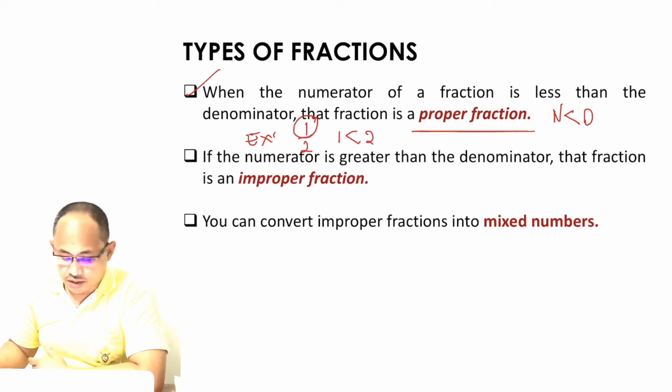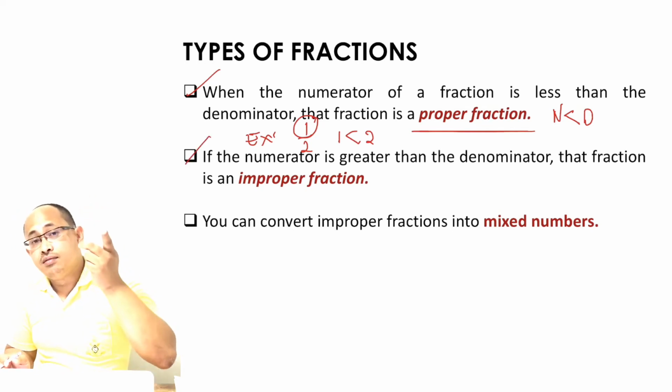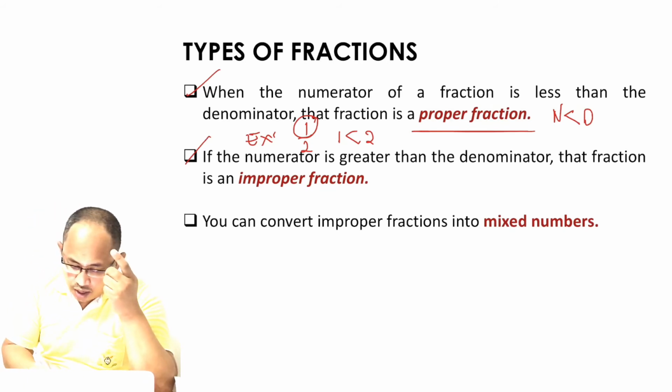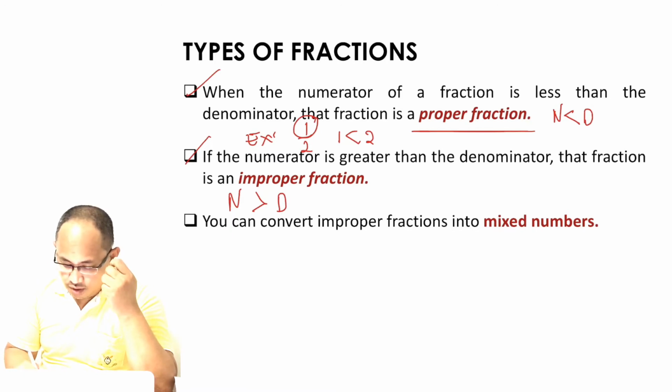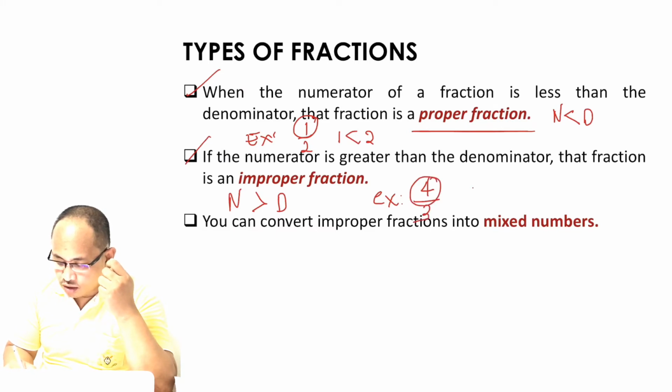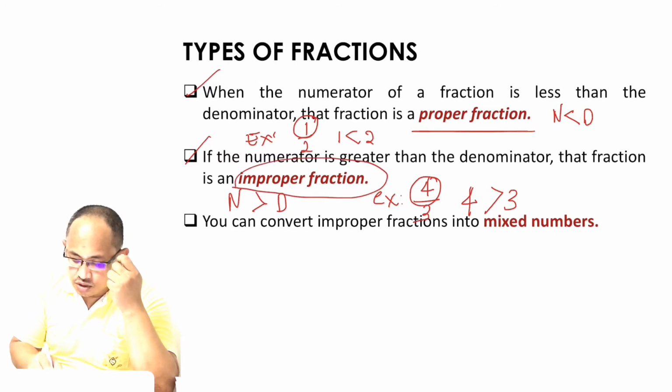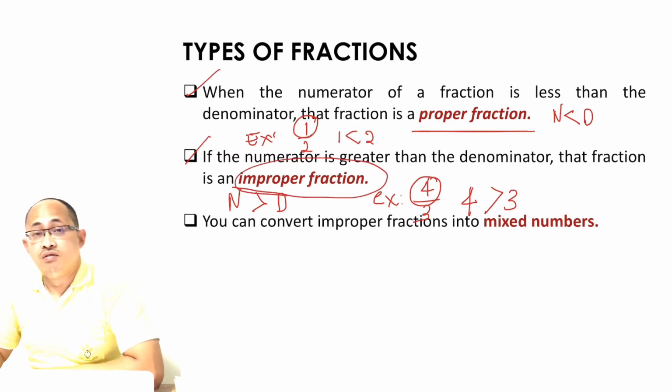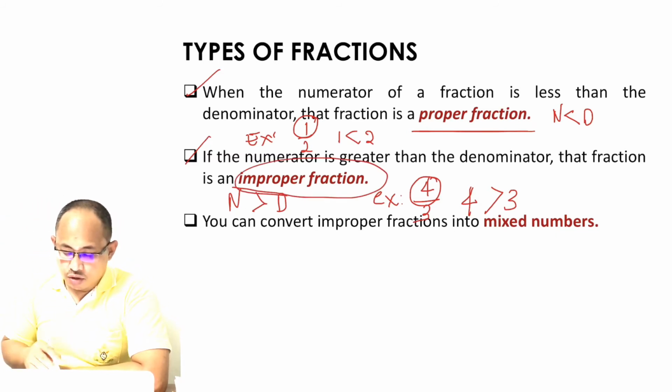Next is if the numerator is greater than the denominator, so n is greater than d. Example will be 4/3. Notice 4 is greater than 3, so that's why it becomes an improper fraction. Now, you can convert improper fractions to mixed numbers.